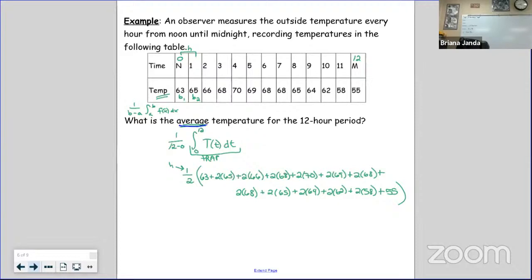And then it was the average, which is why we have this out here. So I'm going to put that 1/12 out front also. When you get done with this, the average temperature, if you look at those temperatures, 63, 65, up to like a 70, down to a 55, obviously our average is going to be somewhere between that 55 to 70 range. And if it doesn't end up falling in there, we probably typed something into our calculator wrong.